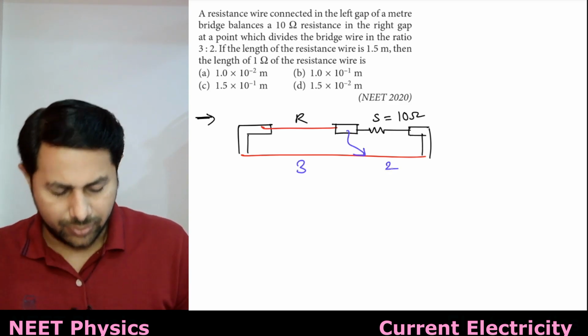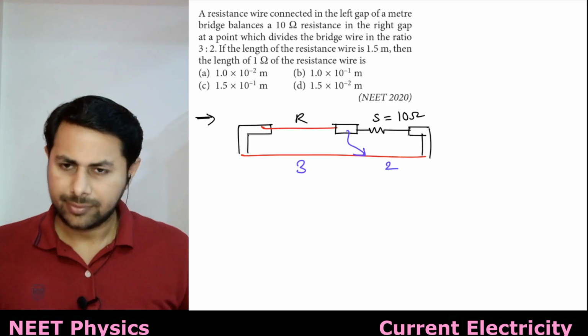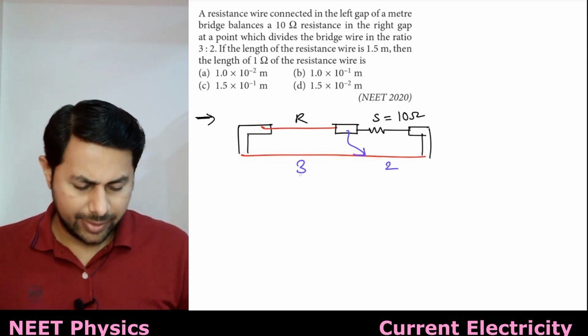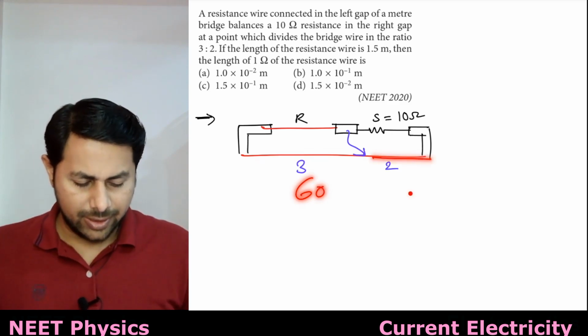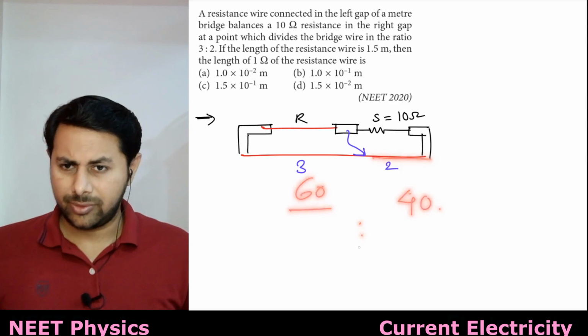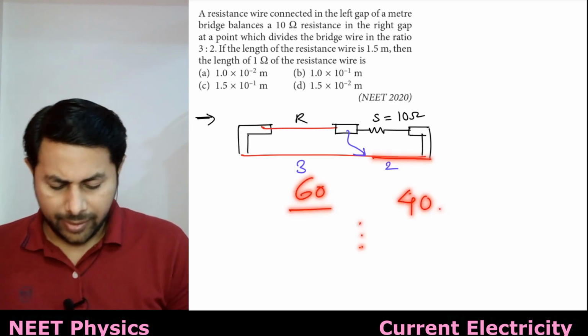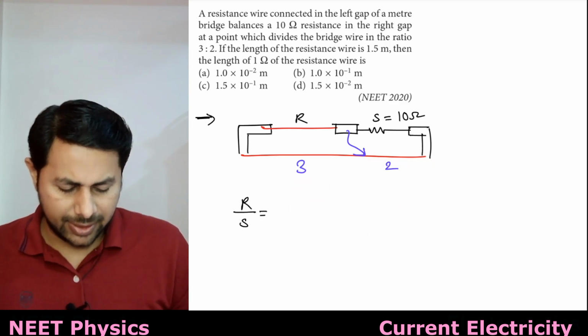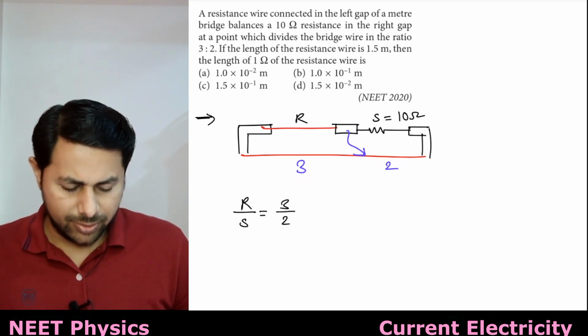So the length of this part would be 60 centimeters and this would be 40 centimeters, right? So 60 by 40 is 3:2. Therefore R by S is equal to 3:2.